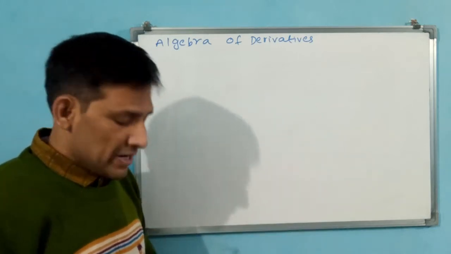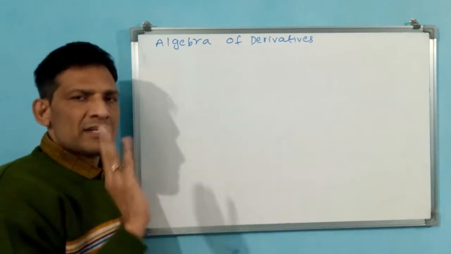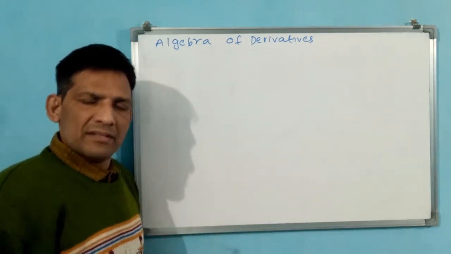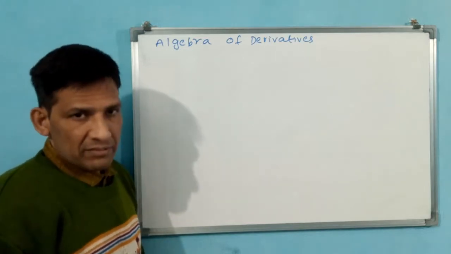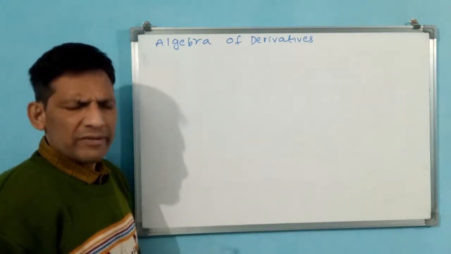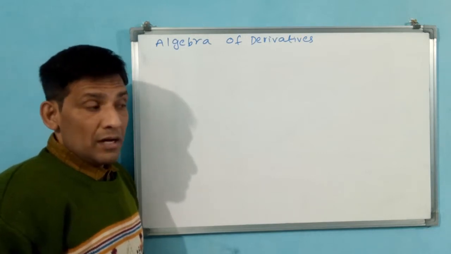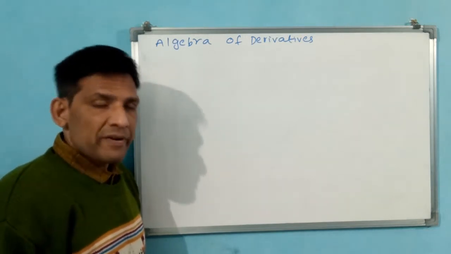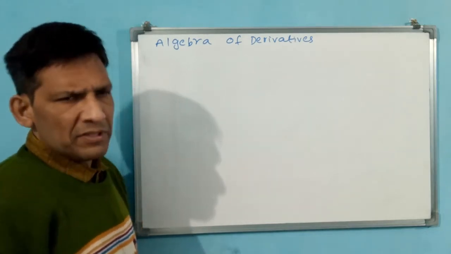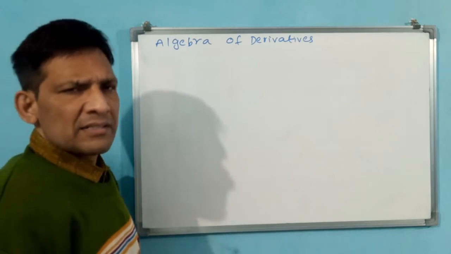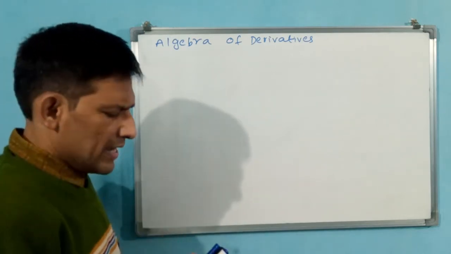Like that only it will be. Same as limits, addition and subtraction, sum and difference, work the same here. But for multiplication and division, quotient, the derivatives are different from limits. That is why you have to understand it carefully. For addition and subtraction, there is no difference, both are okay, like limits.